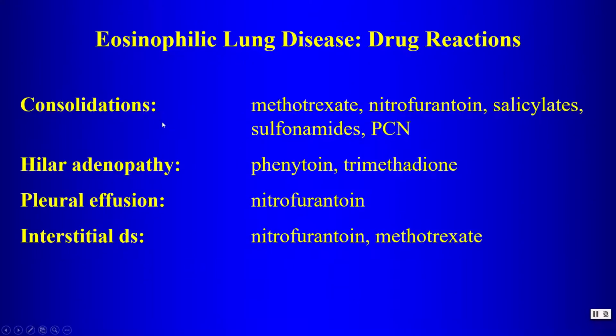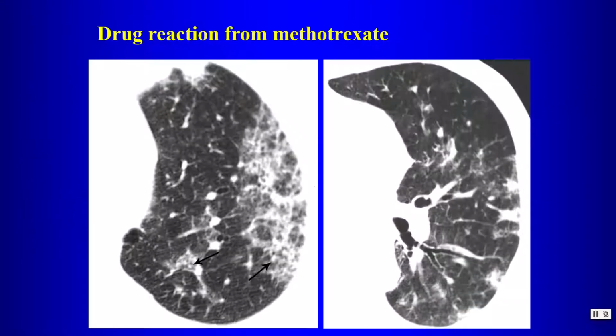So drugs that are associated with consolidation: methotrexate, nitrofurantoin, salicylates, sulfonamides, penicillin. Adenopathy as a reaction to drugs, we can get that with the anti-seizure medications like phenytoin and trimethadione. Pleural effusions, we can see that with nitrofurantoin. In interstitial lung disease, this can be associated with nitrofurantoin and methotrexate. And all of these might also be associated with eosinophilia.